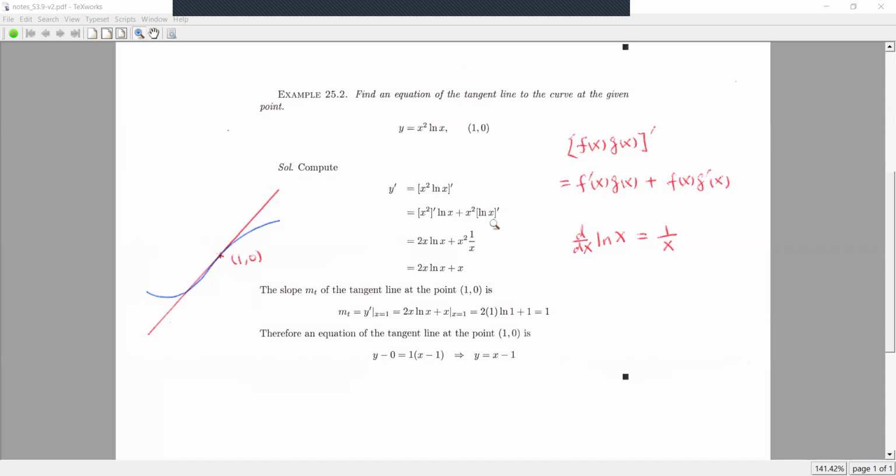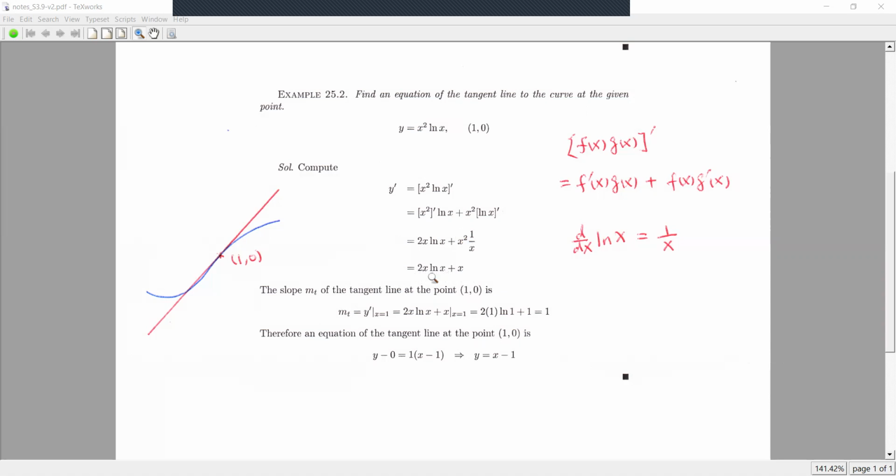The derivative of natural log of x by this formula is 1 over x. Now, cancel one x here, then this is the derivative of the function. And also, this is the slope of the tangent line at a general point x.